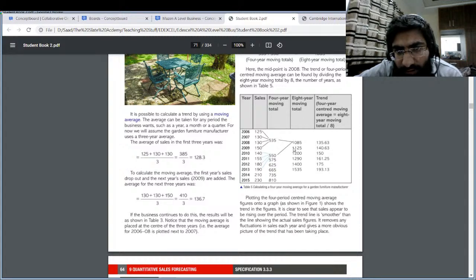So this is your 8 year moving total, and the way they have done this is you calculate the first 4 years total, and then you calculate the next 4 years total. Then you add these two, you get 8 years total, and then you divide this 8 years total by 8. So you get the average.